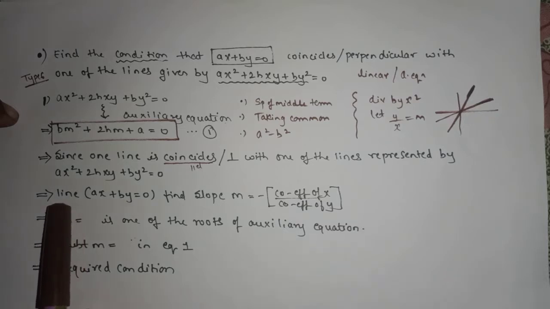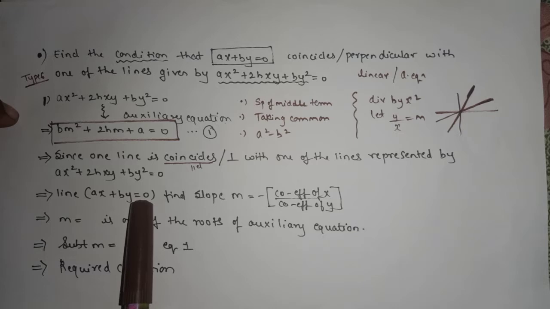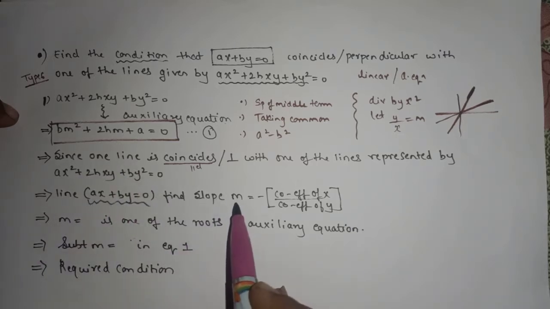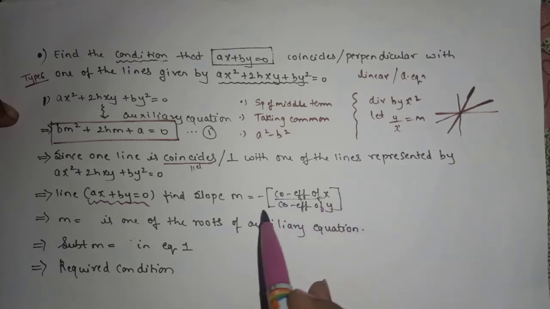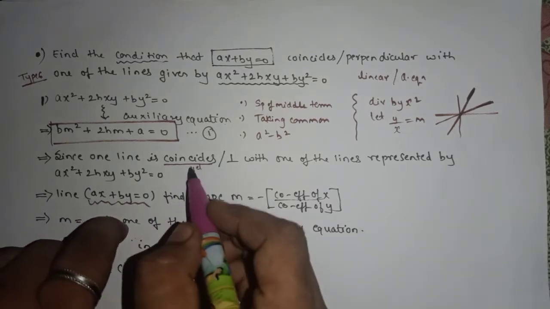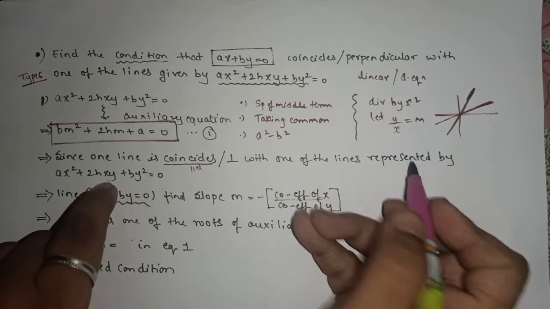So the line is in the form of ax plus by equals to 0, so we will find the slope of this line using m equals to minus coefficient of x upon coefficient of y. As this line will either be parallel or perpendicular to one of the lines represented by this, yes or no?